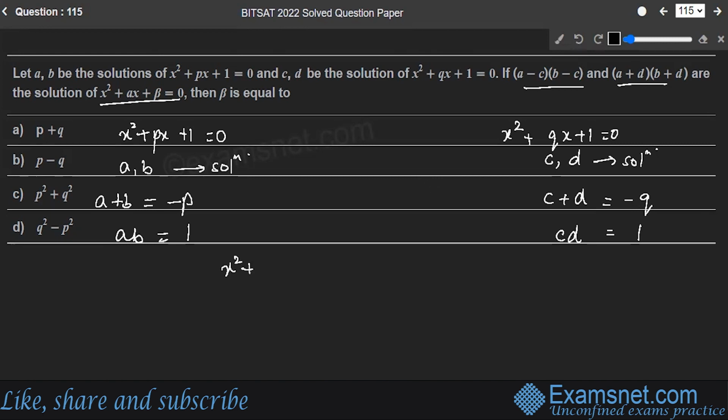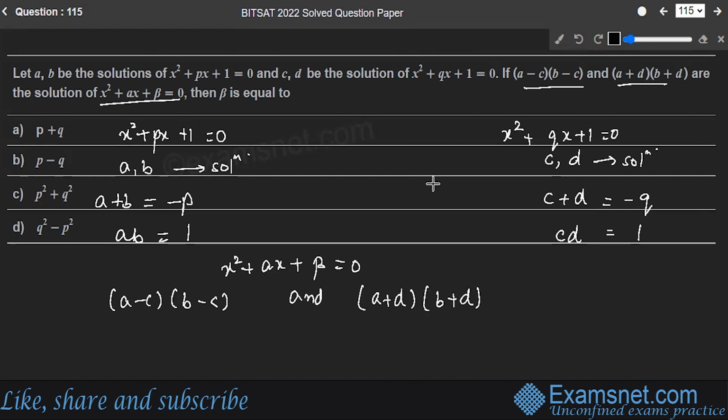X square plus ax plus beta, and you are given that this and this, they are the solutions or roots of this equation.